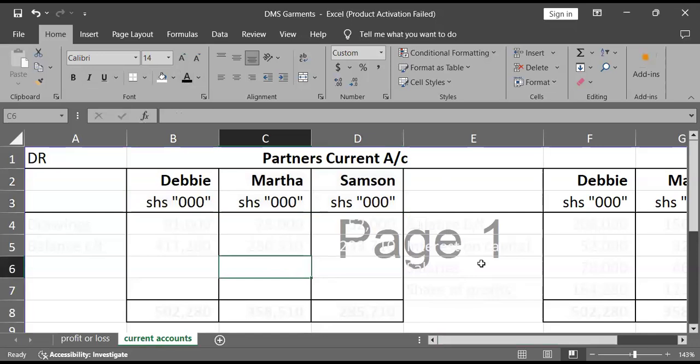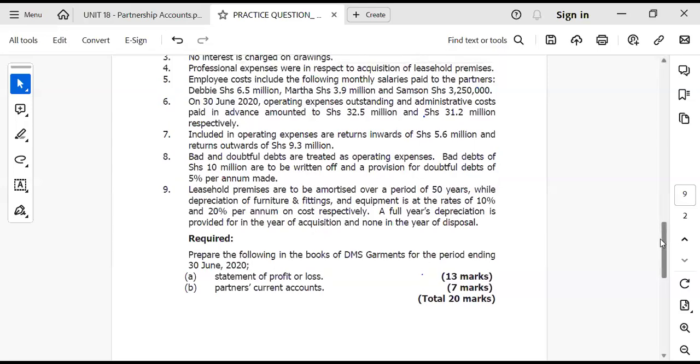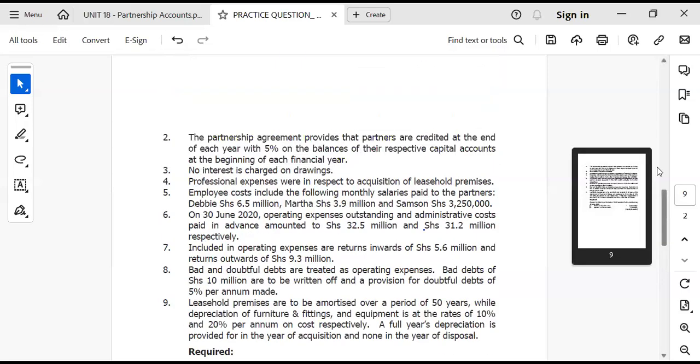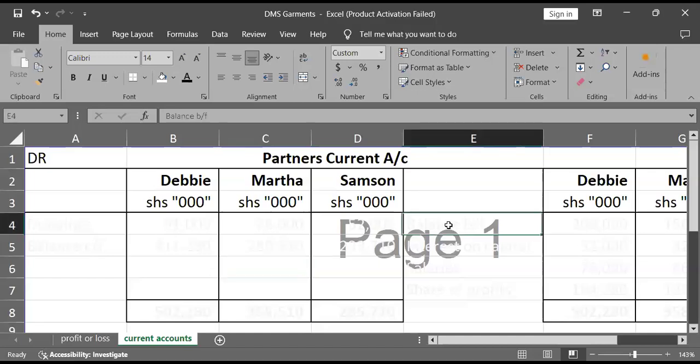So we are going to put things that relate to a current account. I think I saw opening balances of current accounts here. Let me just pick them. Those ones we can copy and paste. Current accounts opening balances, we had Debbie with 208, Martha with 156, and Samson with 104. So I'm going to come and show my balance carried forward.